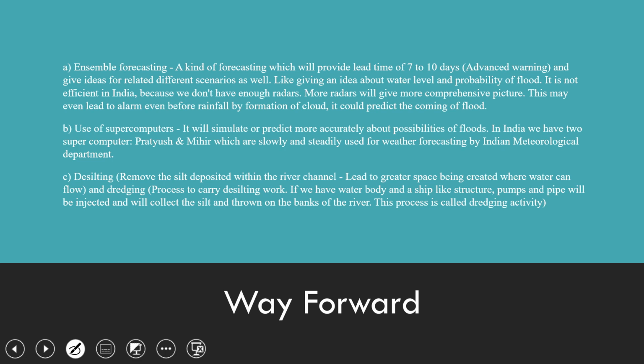So we need a kind of forecasting which provides a lead time of 7 to 10 days as an advance warning, and it gives an idea of different scenarios as well, like the water level and the probability of flood coming into that area. People will also be aware, and ultimately the damage to life and property can be reduced if we give earlier forecasting. And it is not efficient in India because we don't have enough radars.